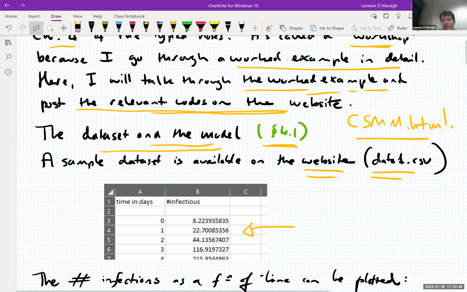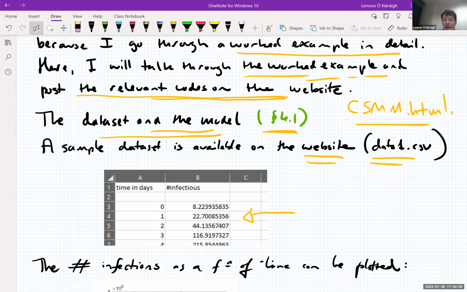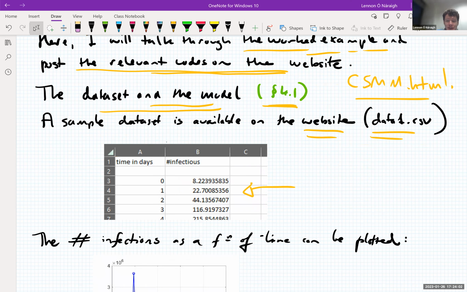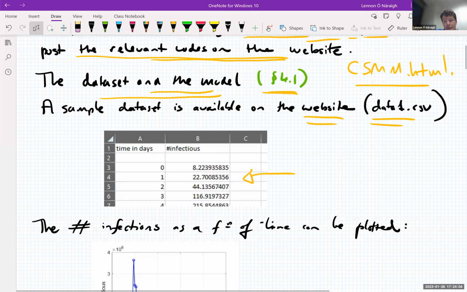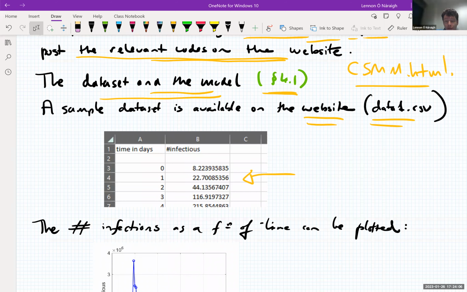This is just a first exercise in learning how to do this. If you do the main project, you'll be working on realistic data sets. Some of them will be the proper data sets from, for example, the COVID-19 outbreak in Ireland.